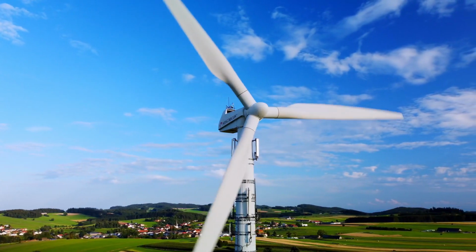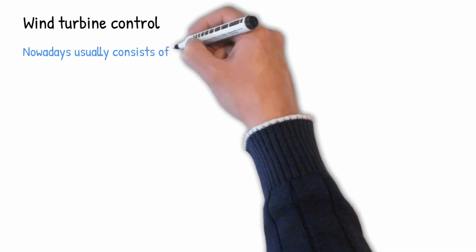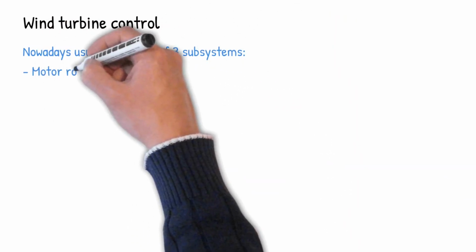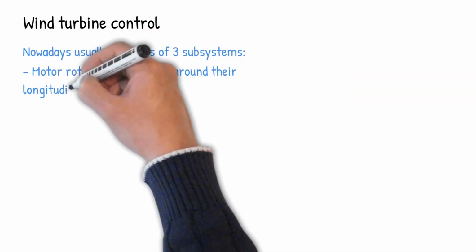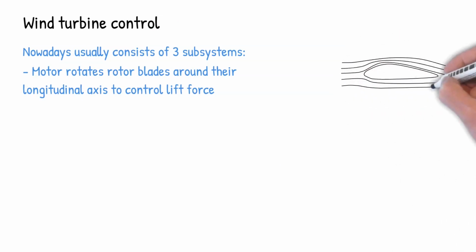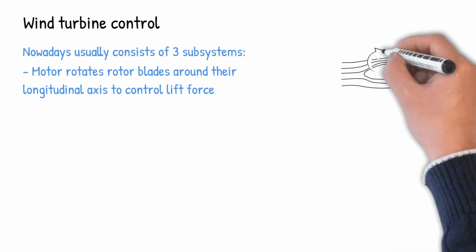There are different ways to do this, but one of them has become accepted nowadays. Here, the control of the wind turbine consists of 3 subsystems. First, the position of the rotor blades in the wind is changed by rotating the rotor blades in order not to extract too much power from the wind at higher wind speeds, thus protecting the turbine from damage.